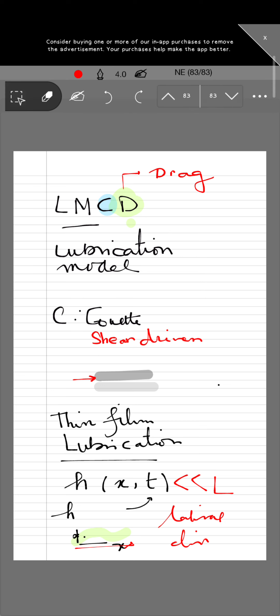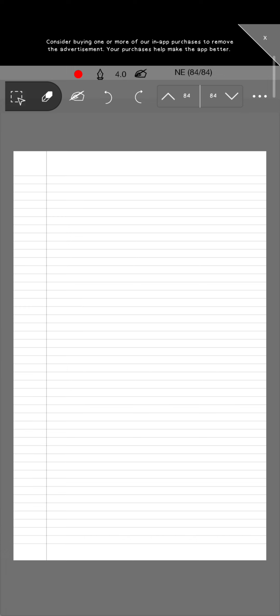Another aspect of this LMCD is that the Reynolds number Re is again very small, much less than 1.